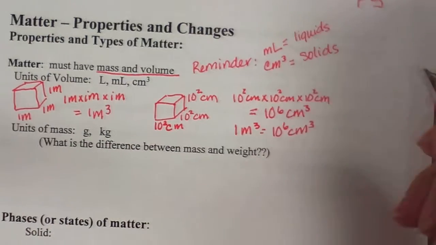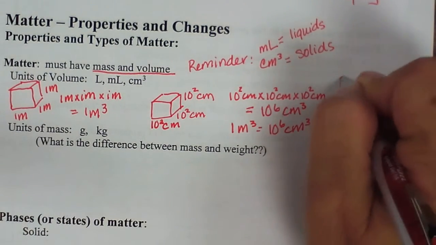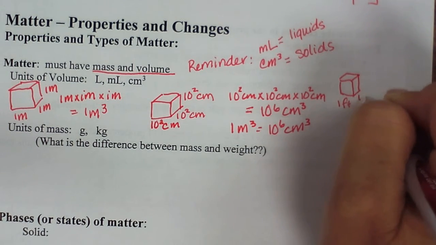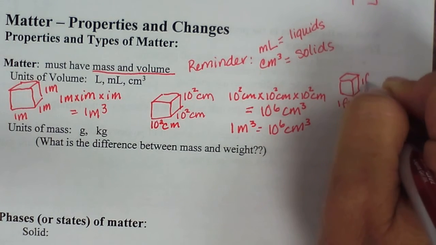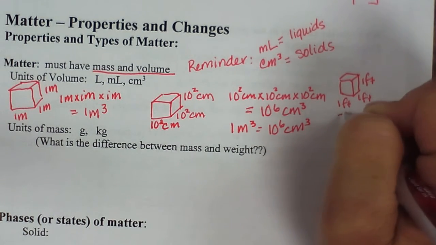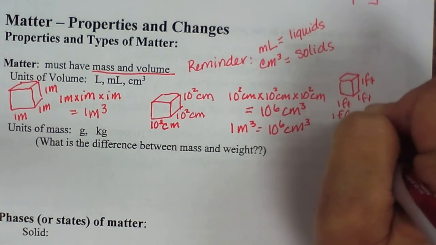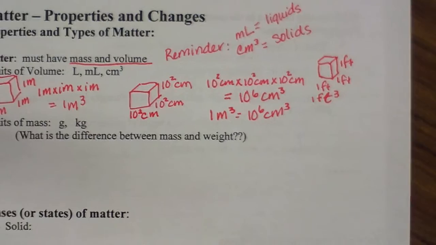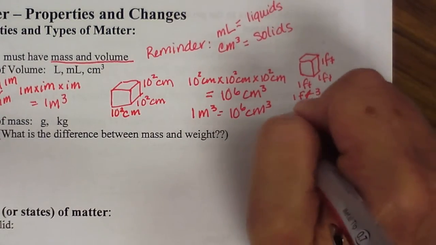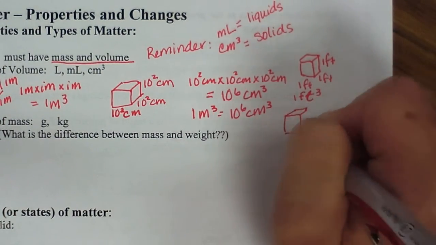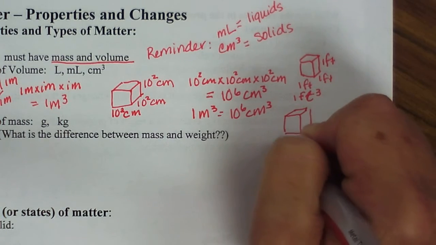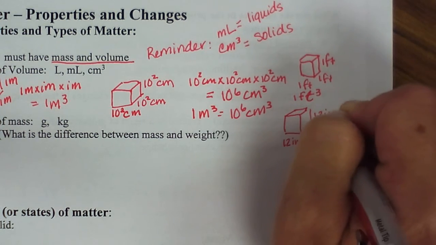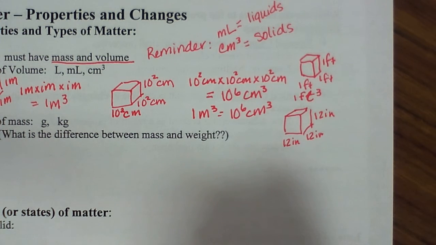So now, if I wanted to convert a 1 foot by 1 foot by 1 foot cube, so this one is equal to 1 foot cubed. If I want to convert that into inches, right? Then I would take the same cube and I would do 12 inches by 12 inches by 12 inches, right? Everybody okay?